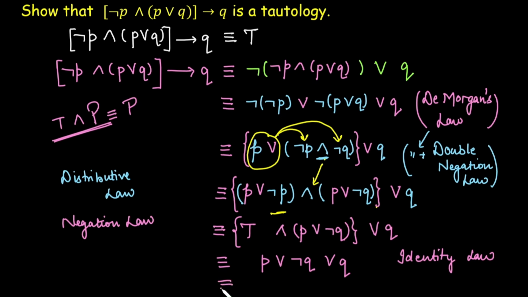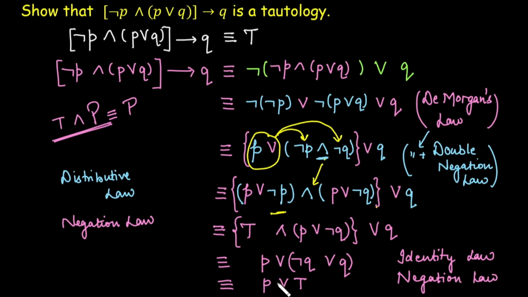Now this is logically equivalent to what? Negation Q or Q. This is again like devil or angel. So this statement is always true because one of them will win. So P or true. And the name of this law is the negation law.